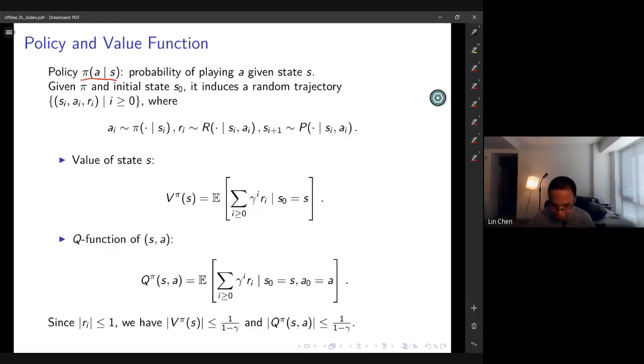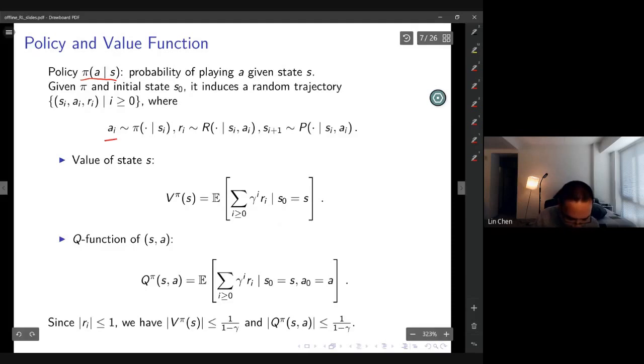So that's the initial state of Super Mario game. And given policy pi and the initial state, we will have a random trajectory, and it is given by Si, Ai, and Ri for i greater than or equal to 0.